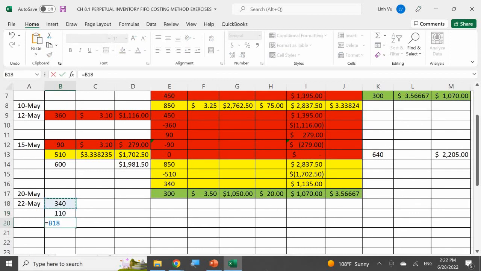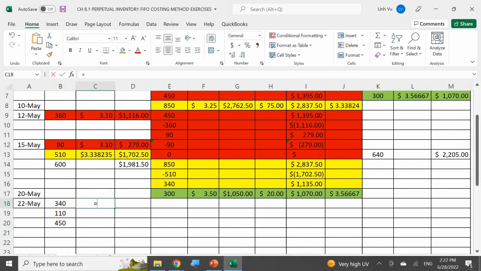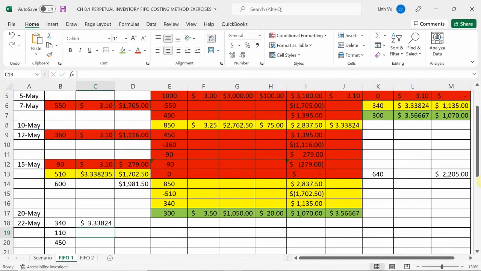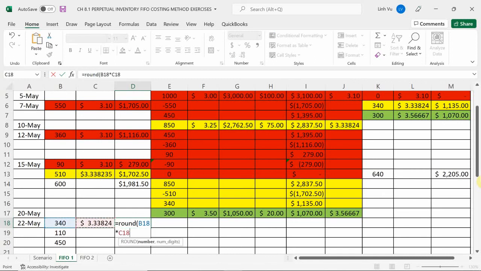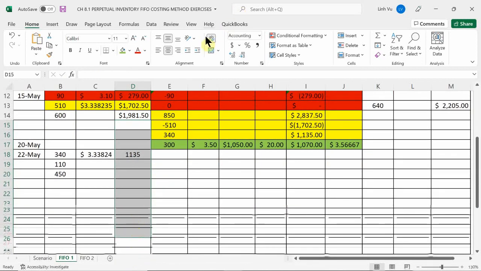So that means I need to sell another 110. Okay? So let's get rid of this 340 units at that 3.338235. Okay? Which we already know to be that 1,135, right? We already know that to be.